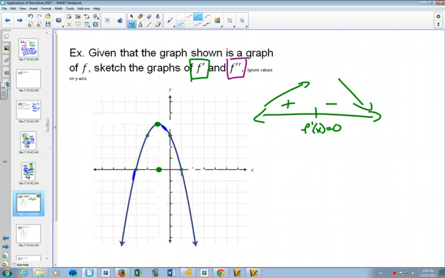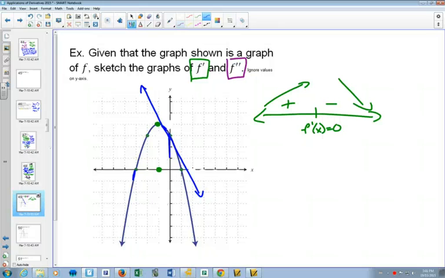Now, if you make the assumption that this looks like an x squared graph, because we don't have the equation, it's not a bad assumption to make. But if you make that assumption and you want to be accurate, you choose one point. Let's choose this point here, and let's draw the slope. Let's draw the tangent to it.